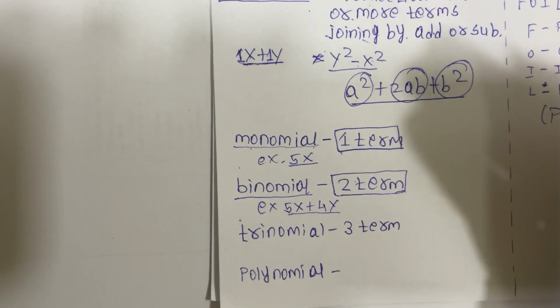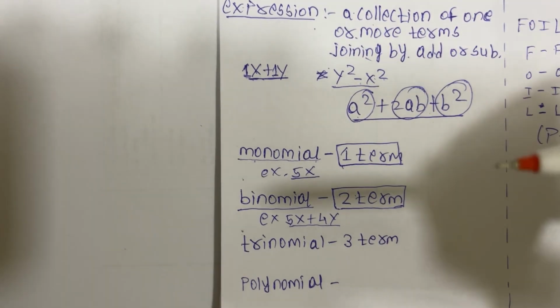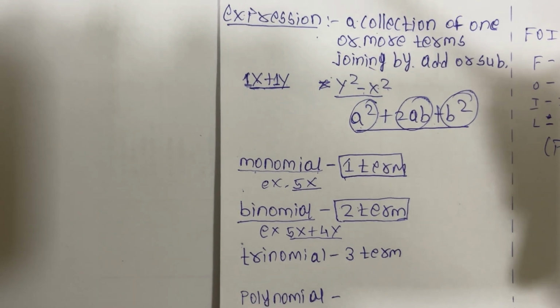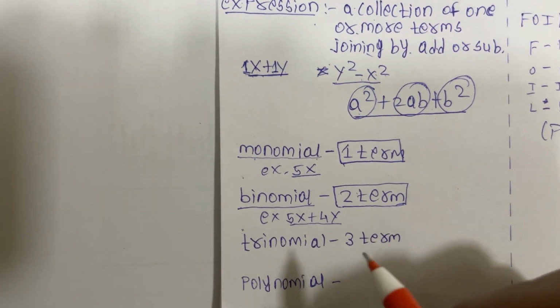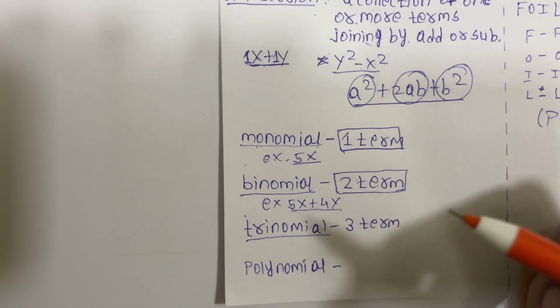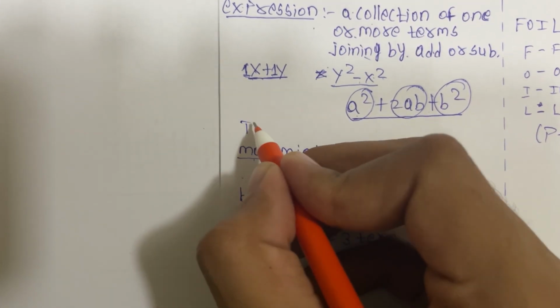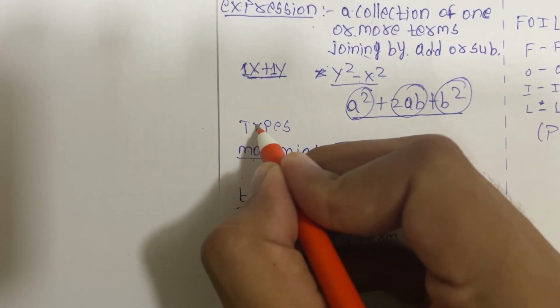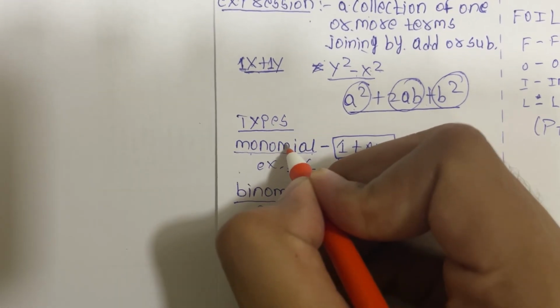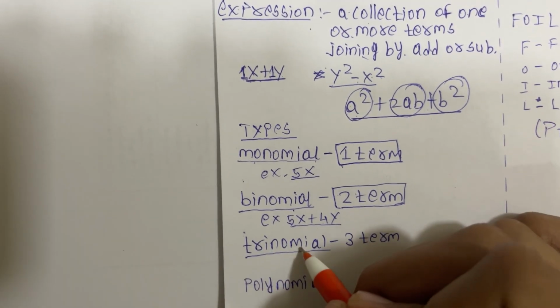And again, what are terms? A term is a combination of coefficient and variables. Okay, so the next term is trinomial. So these are the types of expressions: monomial, binomial, and then trinomial.